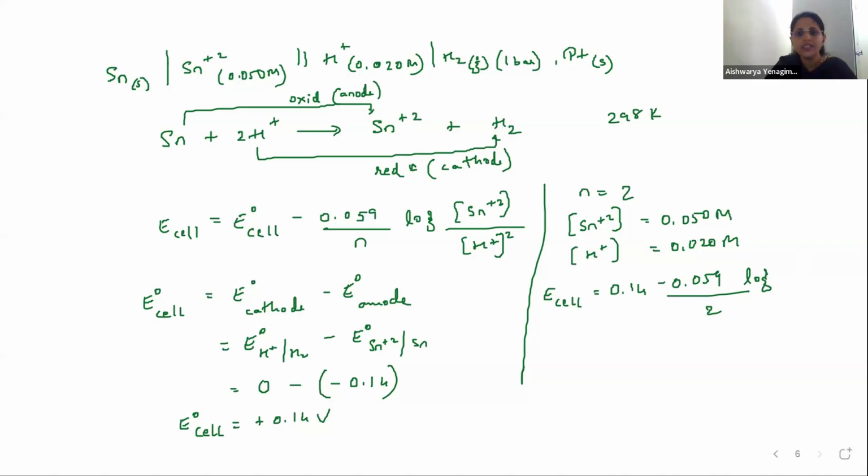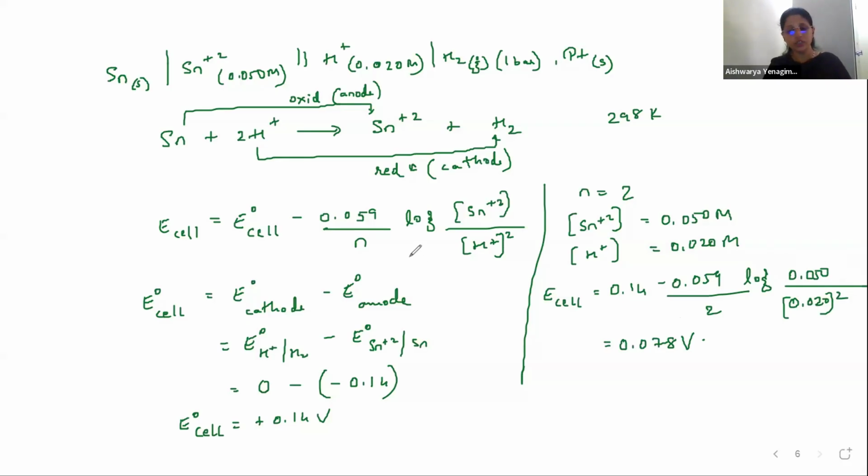So log of Sn2+ concentration 0.050 by 0.020 the whole square. Is that right? Solve this entire thing. You have to get the answer 0.078 volts.